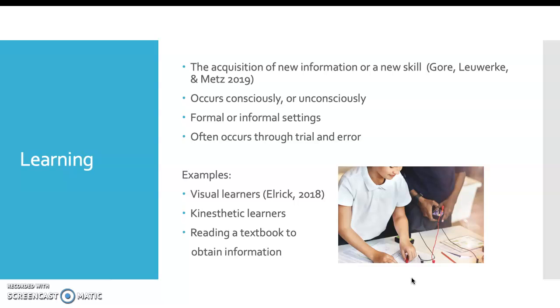So they may be a little more active in nature. So activities that are more about moving around may be more helpful for them. Or actually doing tasks can be helpful as well. And then an example of learning would be like reading a textbook to obtain information from a class or going to lecture, that kind of thing.